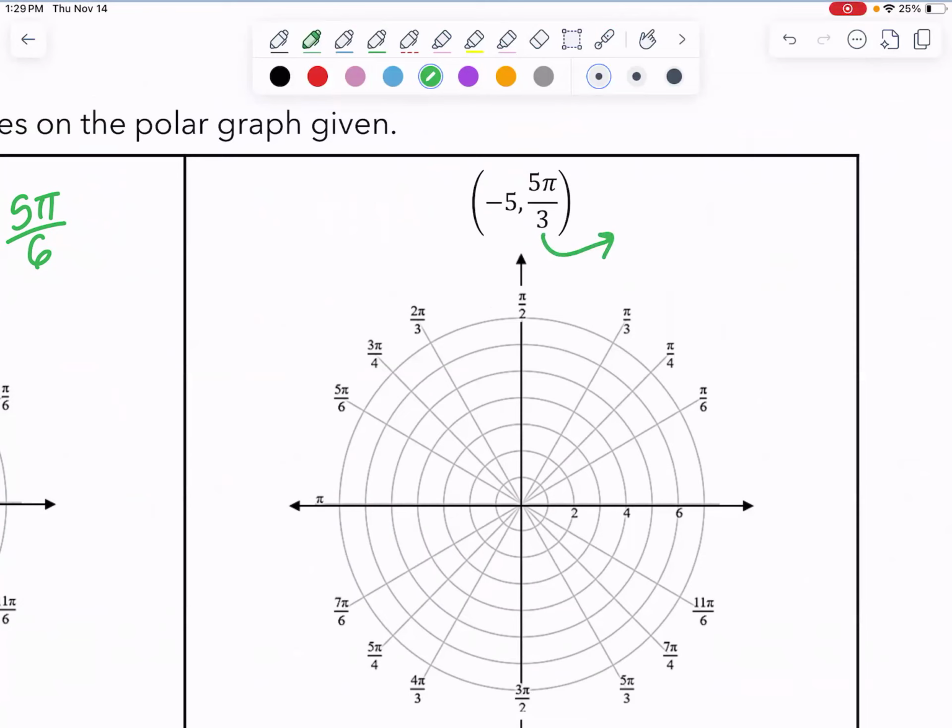So our theta is 5 pi over 3. We're always starting by looking at that. So let's see, 5 pi over 3 right here. Our radius this time is negative 5. Because it's negative, we're going to go in the opposite direction of the angle.